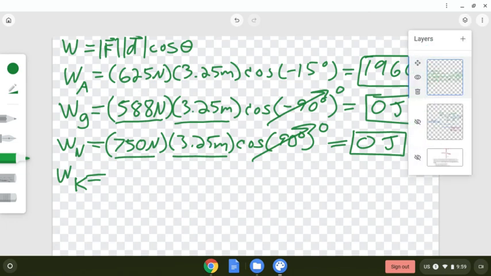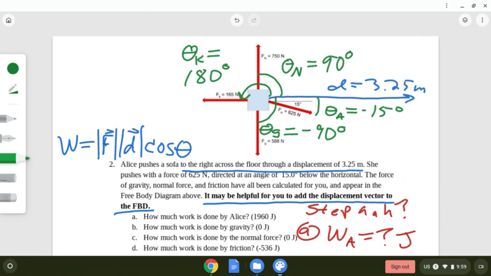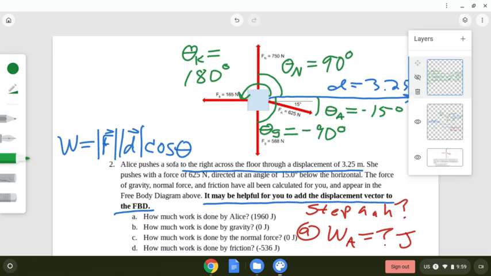So let's go back and look and get these numbers. So friction had a magnitude of 165 newtons. The magnitude of the displacement is 3.25 meters. And the angle between that force and the displacement was 180 degrees.